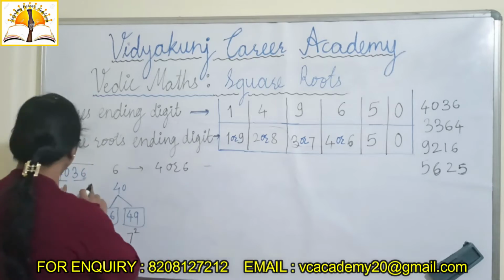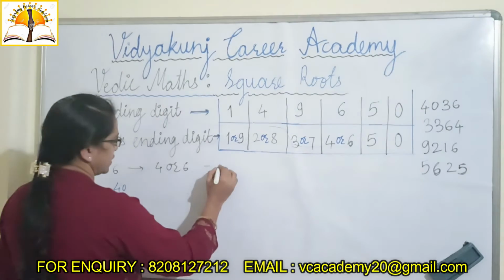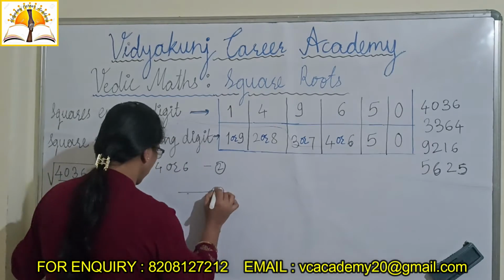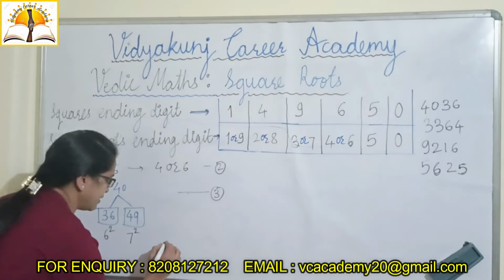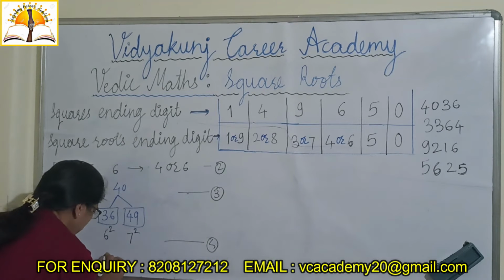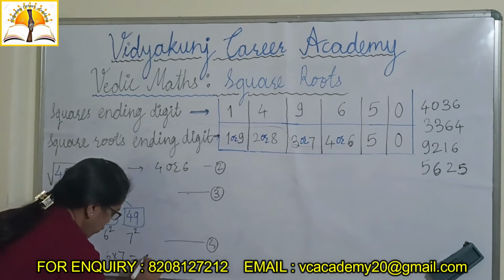This is the first step, to make groups, this is the second step, this is the third step, and this is the fourth step. In the fourth step, 6 into 7 will be 42.